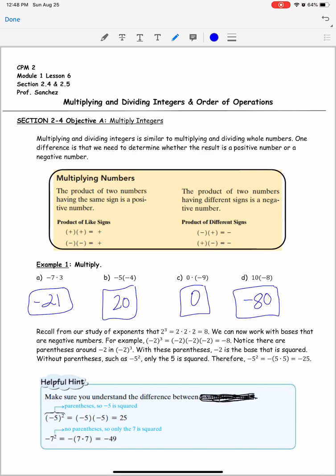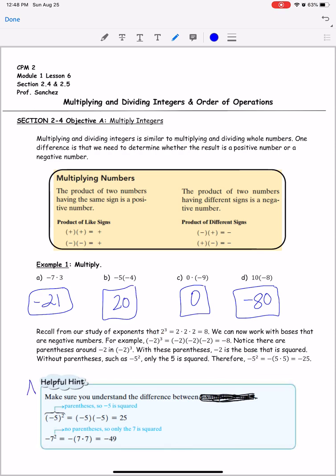Notice there are parentheses around the negative 2. With parentheses, negative 2 is the base that is cubed. Without parentheses, such as negative 5 squared right here, only the 5 is being squared. So when you rewrite this, you've got the negative on the outside and then 5 times 5. Basically, the only thing that goes with that exponent is what's right in front of it. To include that negative, it needs to have parentheses.